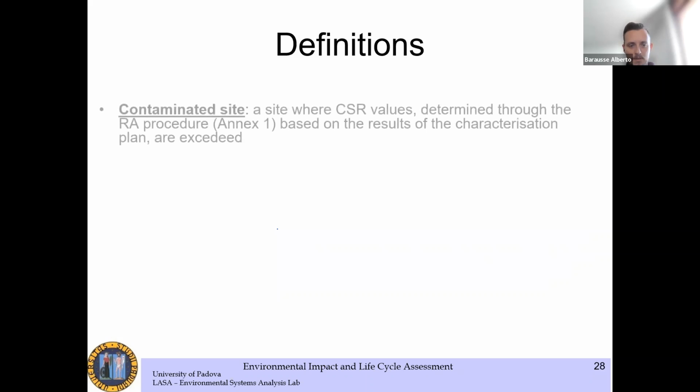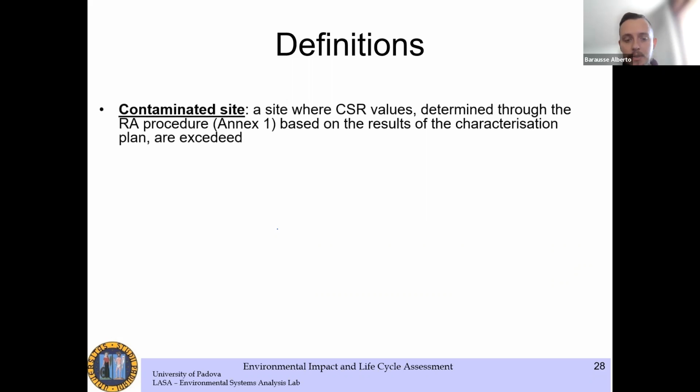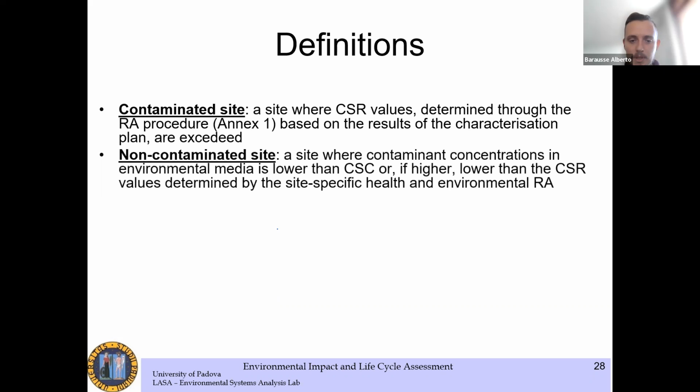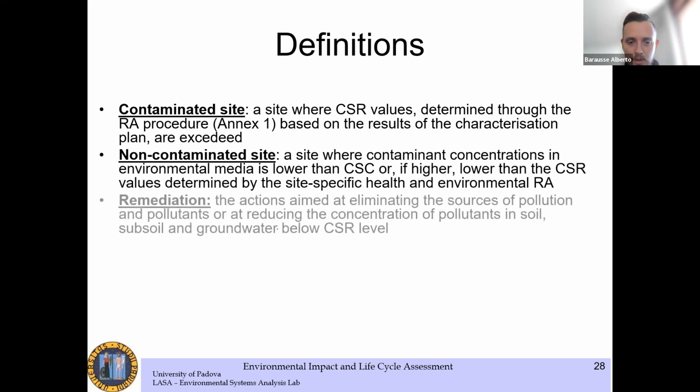Okay, so a contaminated site by definition is a site where CSR values are exceeded, and a non-contaminated site is a site where contamination is lower than CSC, or if higher, lower than CSR, which is the site-specific threshold.